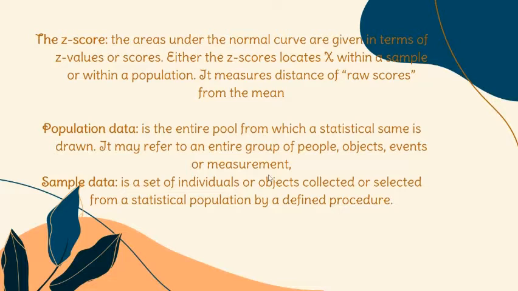So what is population data? It is the entire pool from which a statistical sample is drawn. It may refer to an entire group of people, objects, events, or measurements, while sample data is a set of individuals or objects collected or selected from a statistical population by a defined procedure. So your z-score measures the distance of raw scores from the mean.